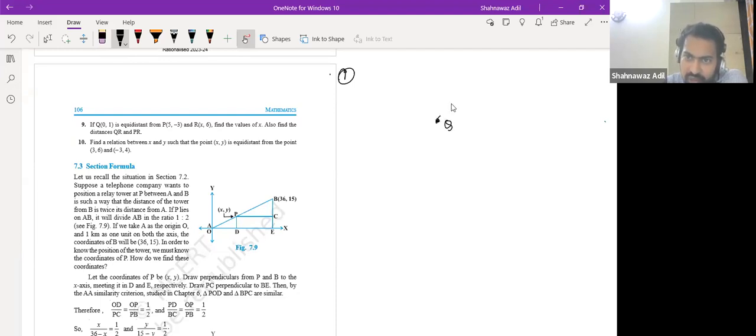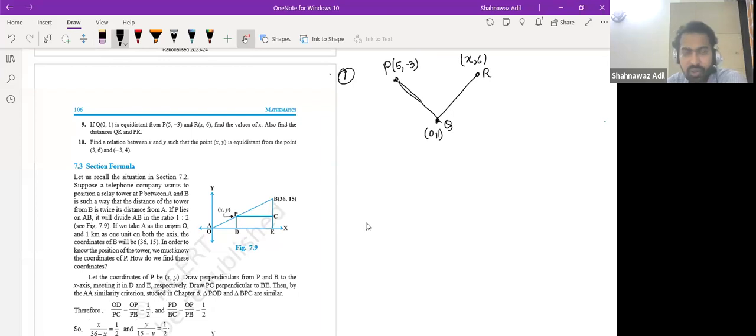And this is equidistant from P and R. So P is what? P is 5, minus 3 and R is x comma 6 and this is 0 comma 1.